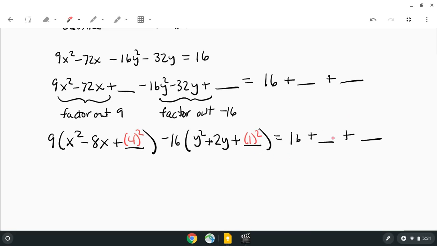We're not adding 4 squared and 1 squared, because this 16 is inside the grouping symbols, so it's also being multiplied by this 9. We're actually adding 4 squared times 9.